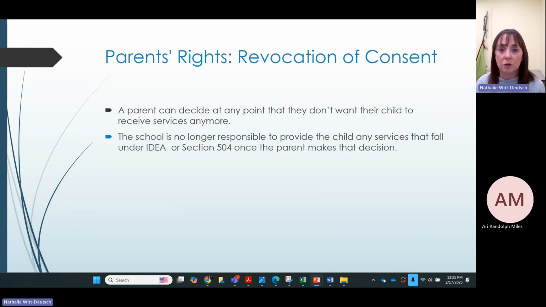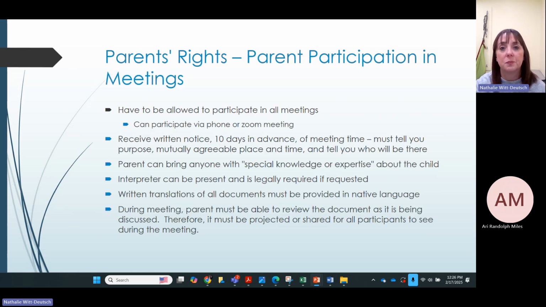Again, even though it's an all or nothing thing, you can say, okay, I don't agree with this. Can we come to an agreement as to what this will look like for my child? Or explain it a little further to me as to what that would look like within the school setting so that I have a better understanding. Help advocate for your child because they themselves cannot advocate for themselves.